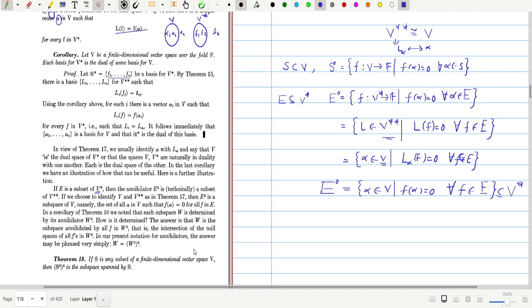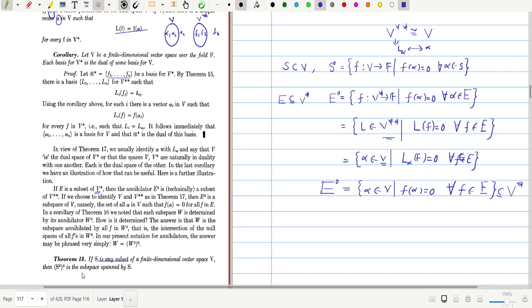This identification can be concluded as a theorem. If S is any subset of a finite dimensional vector space, then S naught whole naught, that means the annihilator of S naught, is the subspace spanned by S. So we start with V and a subset S of V, then you consider S naught and again consider the annihilator of S naught itself.